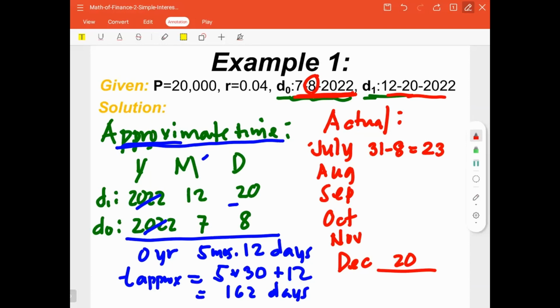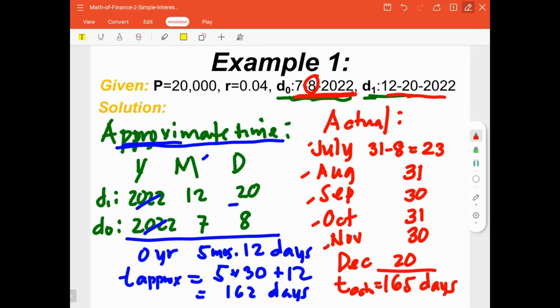Now, for the other months of August, September, October, and November, of course, assign the actual number of days. August has 31. September has 30. October has 31. Then November has 30. If you add, of course, you'll get 165 days. So this is now the actual time. 165 days.